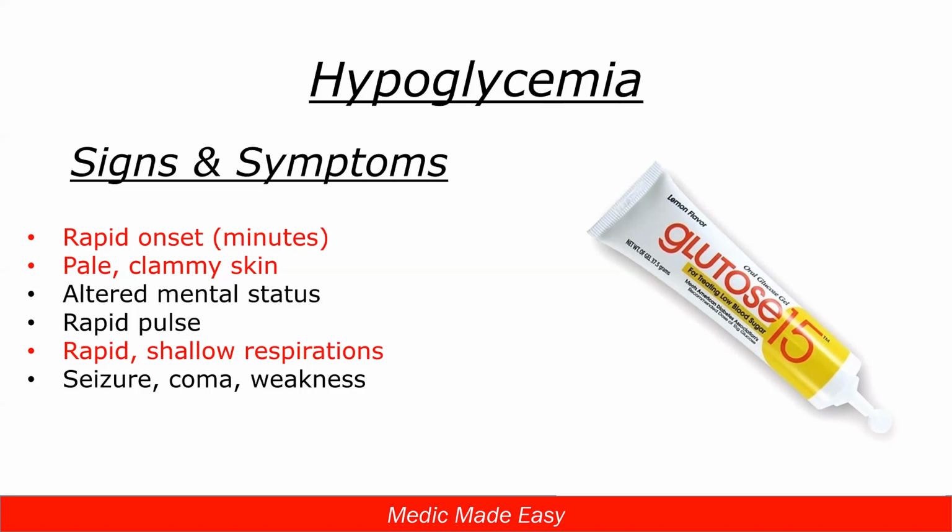So we have that range of 80 to 120, but we also have to think about it: 80 is normal. Would they be completely unresponsive if they had a blood sugar of 78?